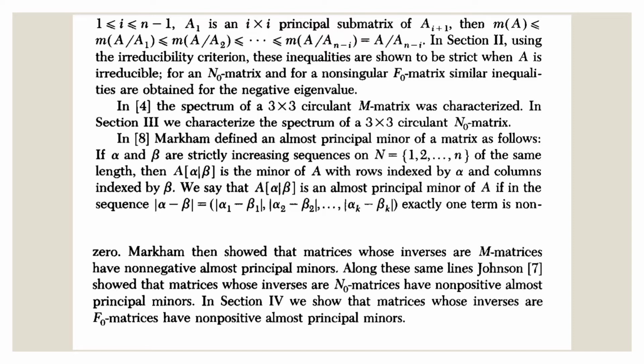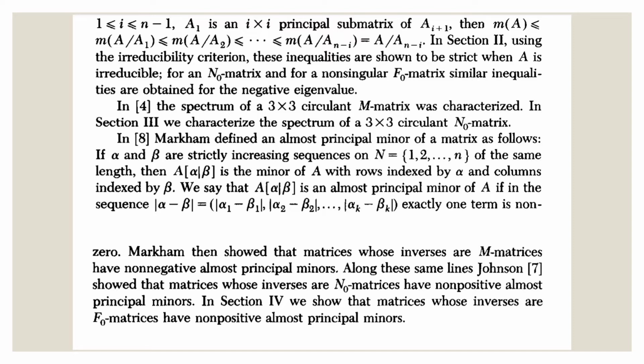if in the sequence |alpha minus beta| = |alpha 1 minus beta 1|, |alpha 2 minus beta 2|, and so on, |alpha k minus beta k|, exactly one term is non-zero.